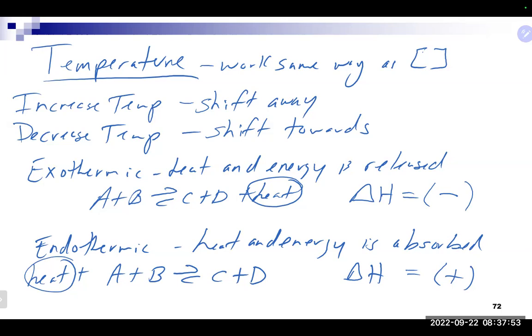Overall heat and energy is being absorbed. Once again, it doesn't matter really the number, it's the sign that's most important. So what this means is, if I have an exothermic reaction and I increase the temperature by putting it in hot water like you will do today, which way should it shift if I increase the temperature of an exothermic reaction?